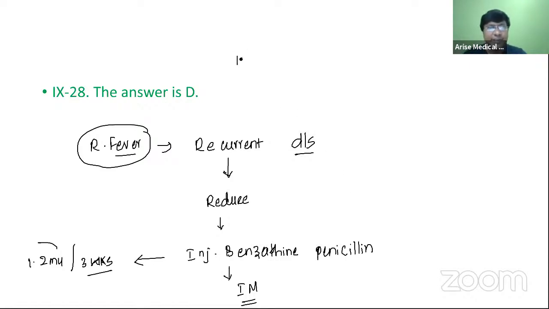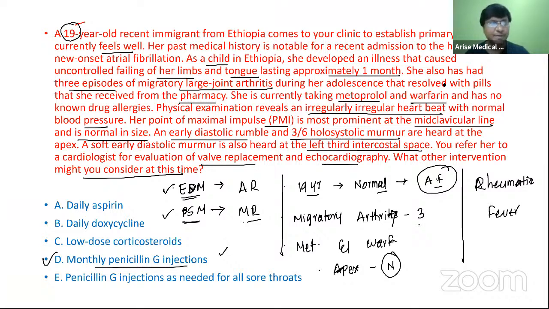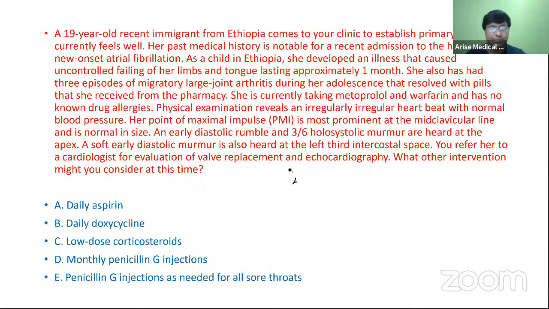And if the weight of the individual is less than 27 kgs, the dosage of benzathine penicillin is 0.6 million units every 3 weeks or 21 days. So why should you give that? In order to prevent the recurrence. So what is the diagnosis? The diagnosis is rheumatic fever.